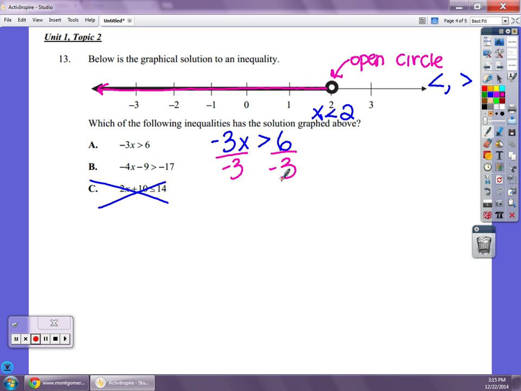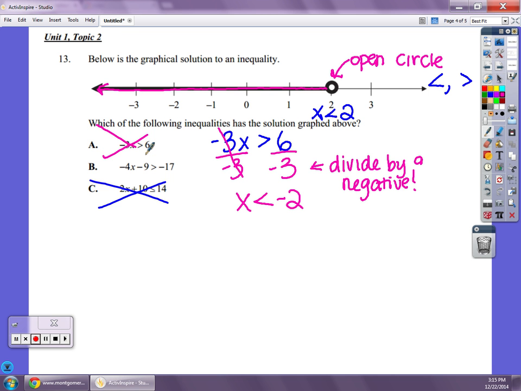And hopefully we remember that when you divide or multiply by a negative number, like we did here, we divided by a negative, we have to flip our sign. So what's going to happen here, I'm actually going to end up with x is less than negative 2. Well, we don't need negative 2, we need positive 2, so A is not going to be our answer choice. I'm going to go ahead and cross that out.